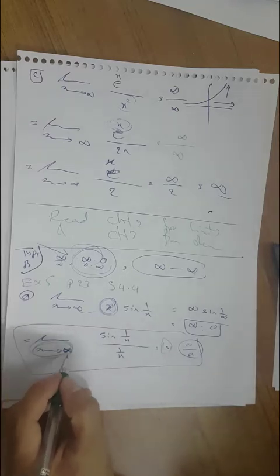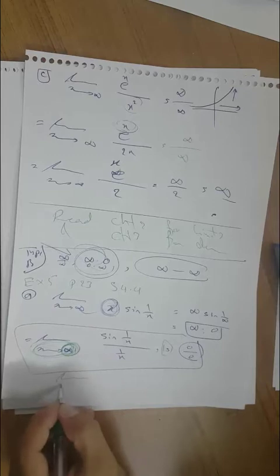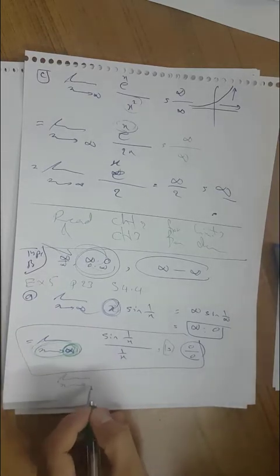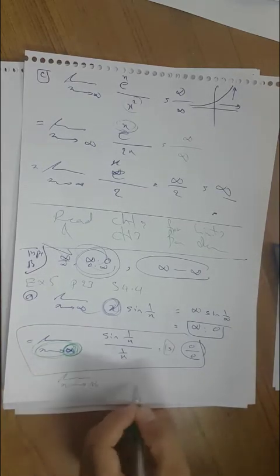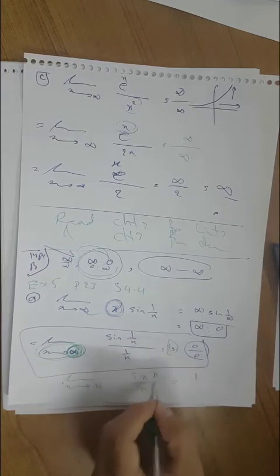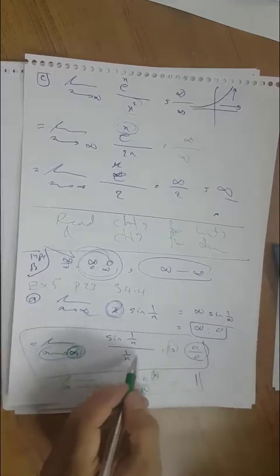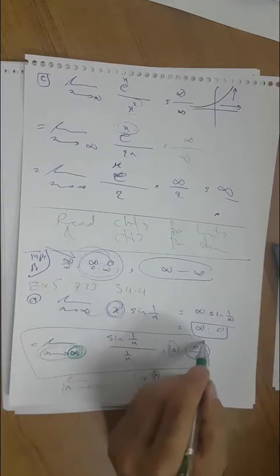We can say it is equal to 1 only if x approaches some number, then sine of x over x, or theta over theta, is equal to 1. That's why we cannot use this one directly. Be careful, and try to use some trick.